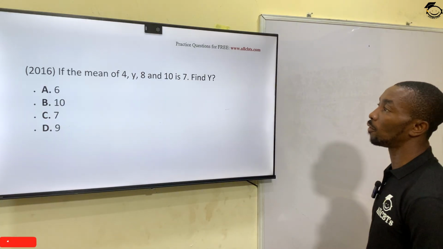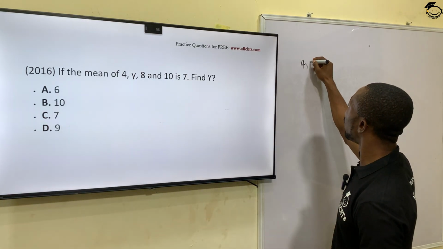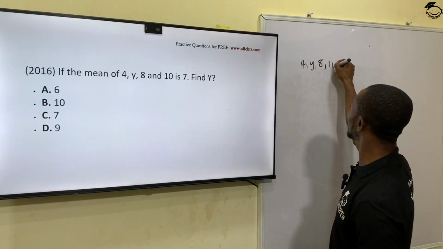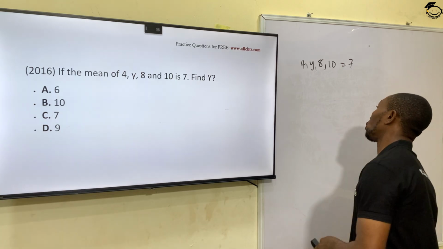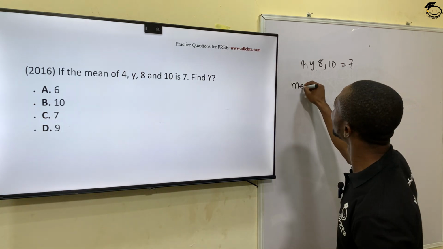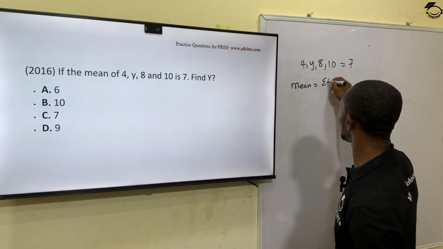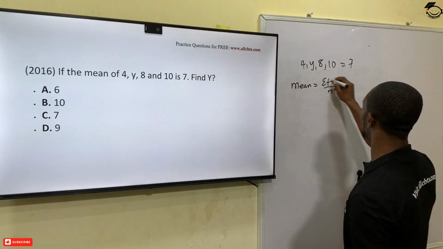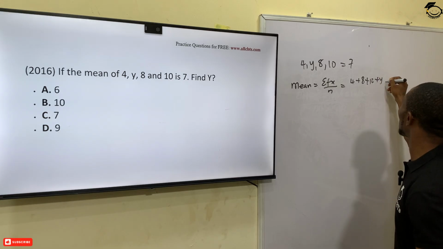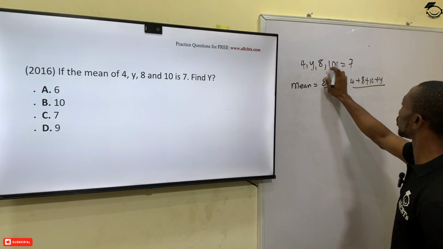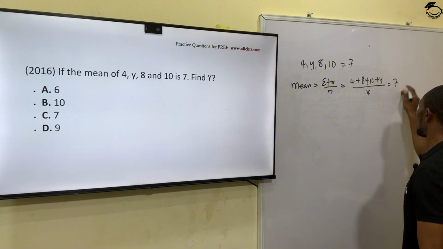If the mean of 4, y, 8, and 10 is 7, find the value of y. How do we calculate mean? Our mean is the summation over the number. In this case, we have 4 plus 8 plus 10 plus y all over 4 equals 7.